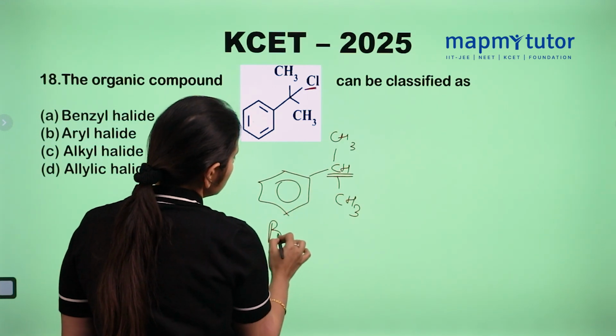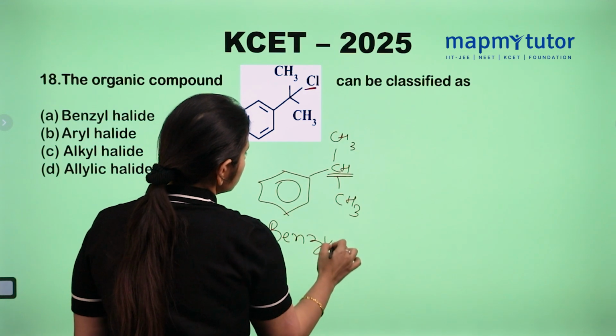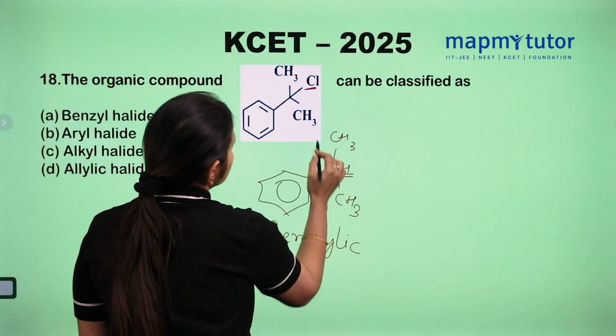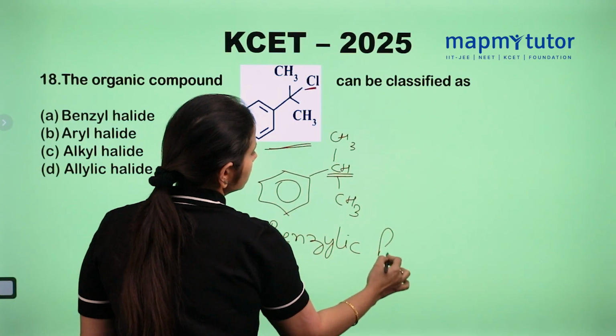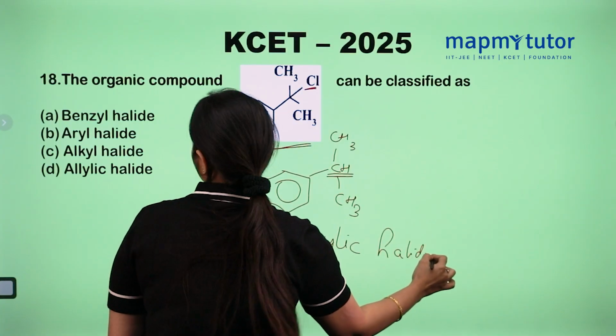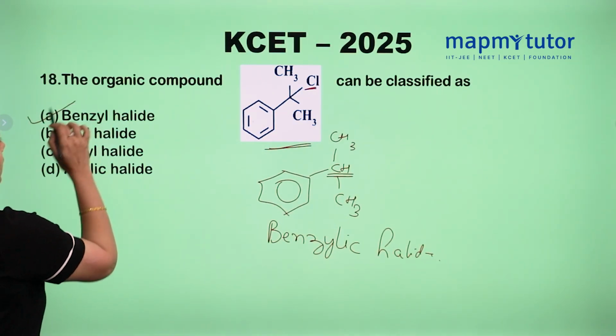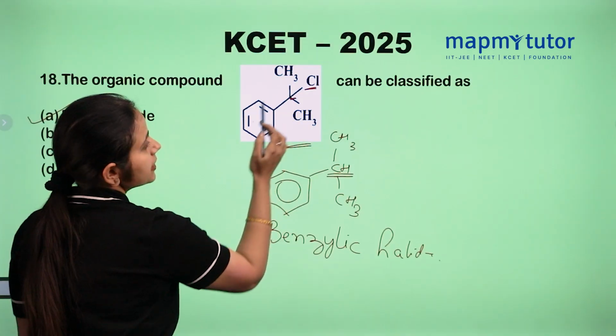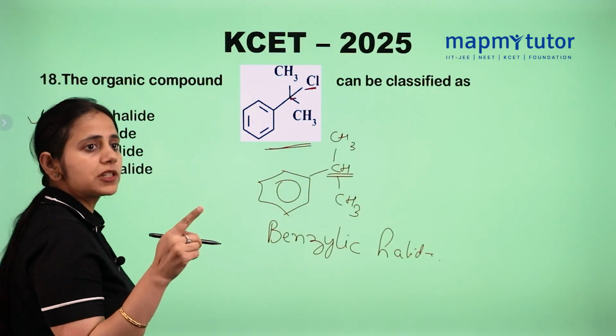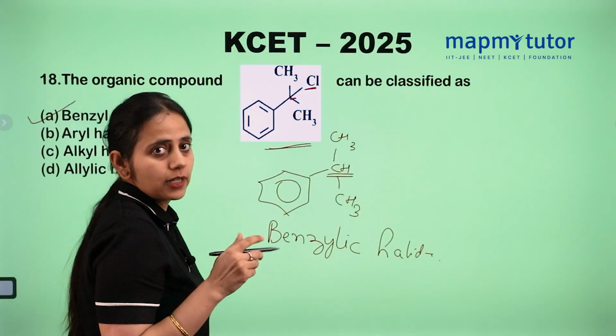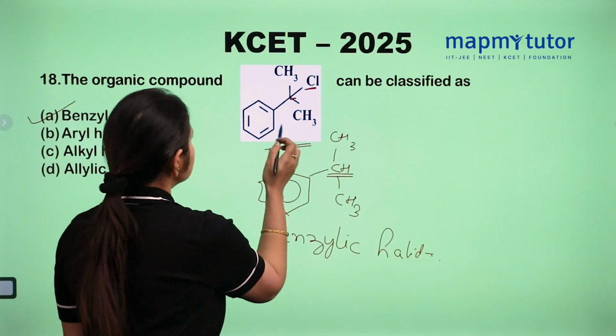So this is benzylic halide. So A is the right answer, because benzene with CH is known as the benzylic position. So this is benzyl halide.